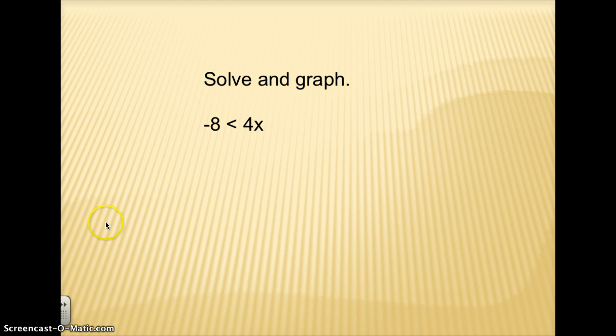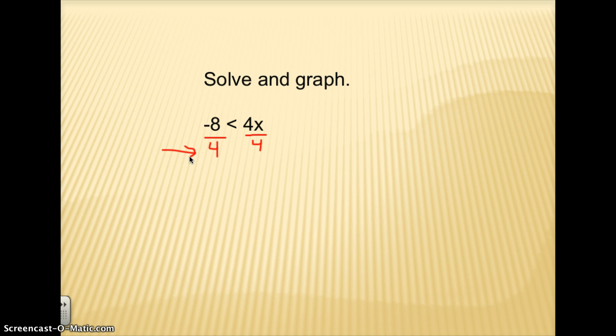Solve and graph. This one, if we make a prediction, we look and see that we have negative 8 is less than 4x. Make a prediction on whether we'll have to multiply or divide by a negative and flip the sign. So if this is our variable 4x, in order to get rid of that we would divide by 4 on both sides. So take a look at this step right here.